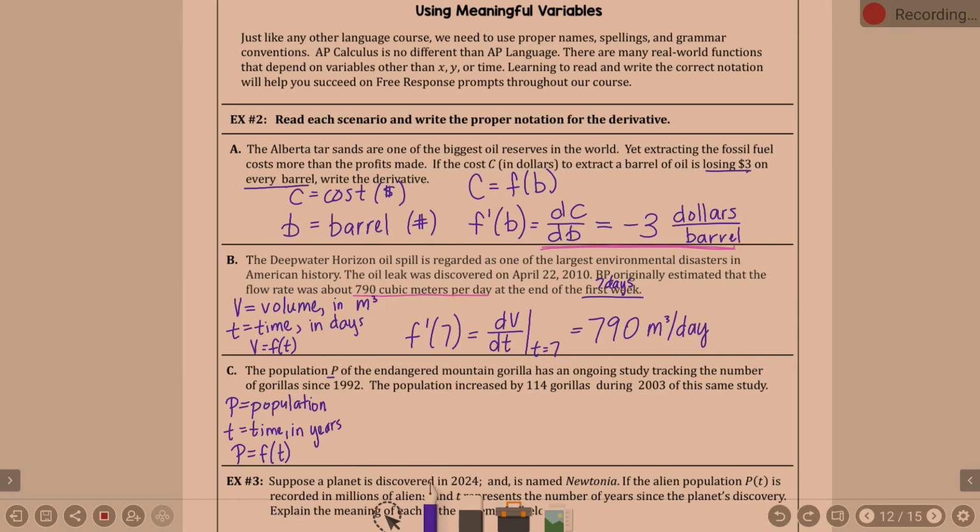Thoughts on what we're going to do here? It would be dP over dt, evaluated at t equals 13.